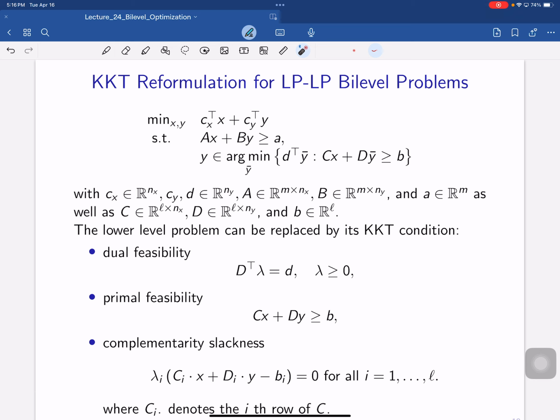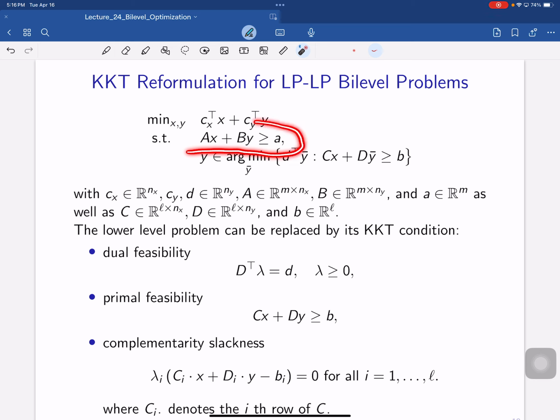So let's consider a very simple case, actually the simplest case of a bilevel problem, which we call LP. The upper level problem is an LP, and the lower level problem is also an LP. Let's assume the upper level problem is related to the x variable, and the lower level is related to the y variable.